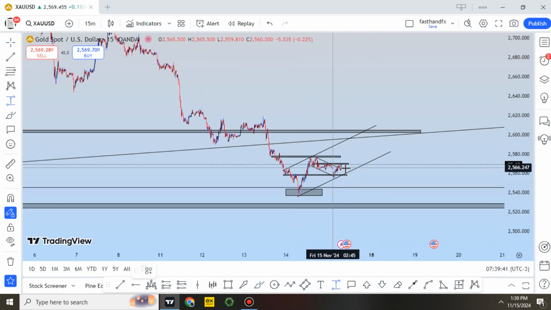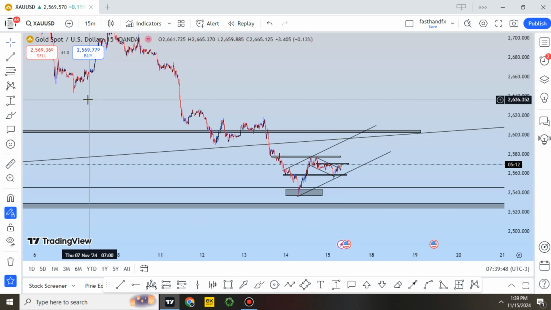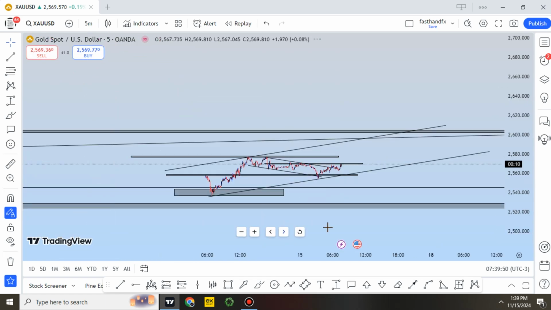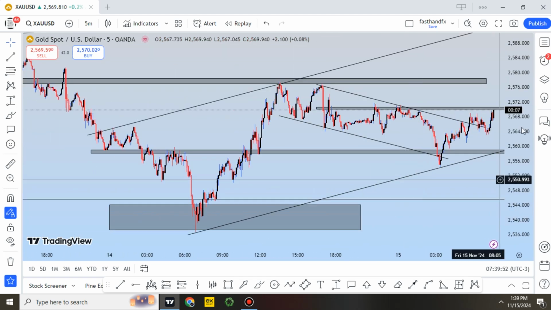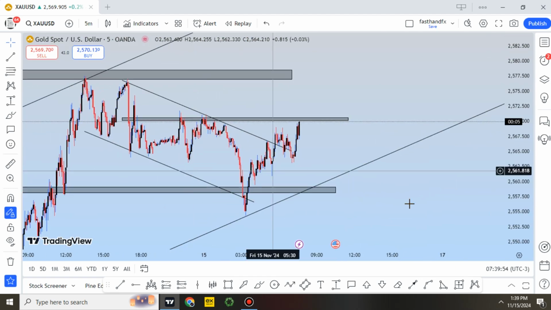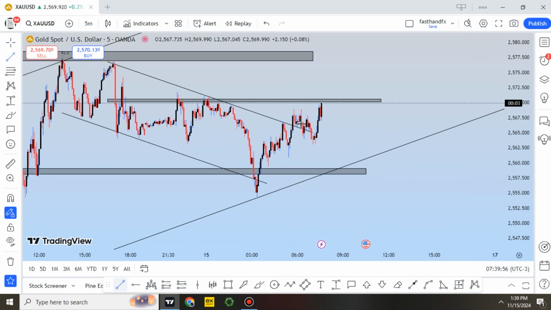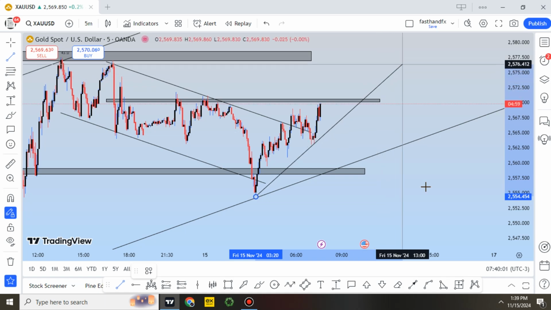Let's see how many points these are. 2000 points, still not bad though. So I think we should go to the 5 and see what the market is doing right here. Correct. So if this is a possible continuation, let's see, we have this right there.